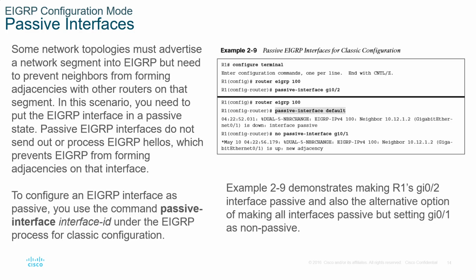So again, under the routing command process, you specify passive interface and the interface ID. Now, you can make that global and say passive interface default, which means any interfaces that are currently participating in the process will now shut down the routing process on that interface.